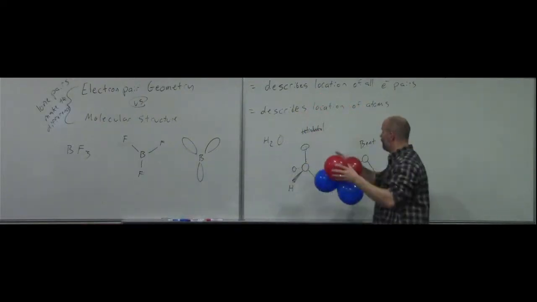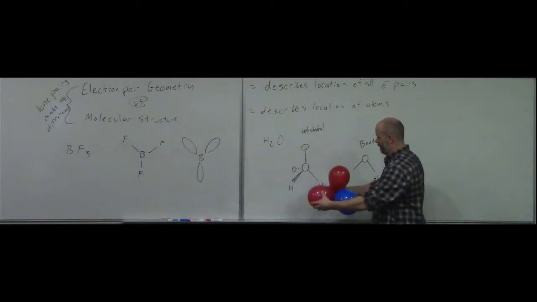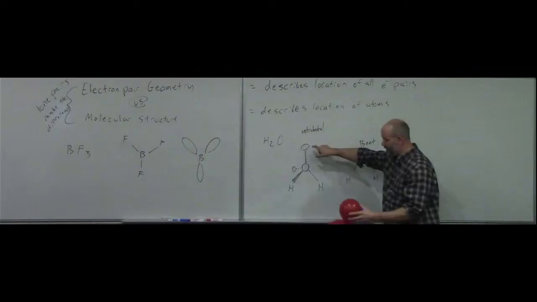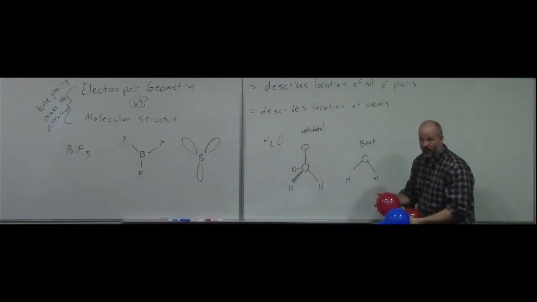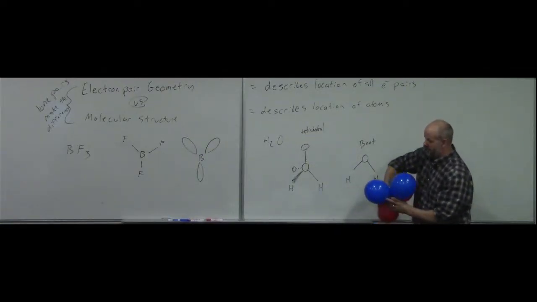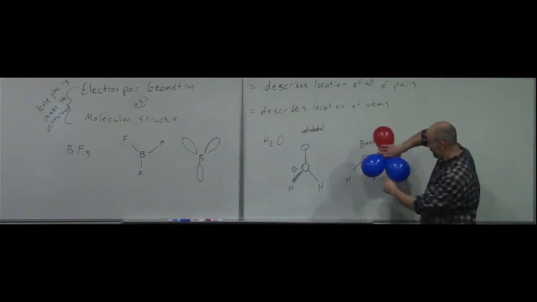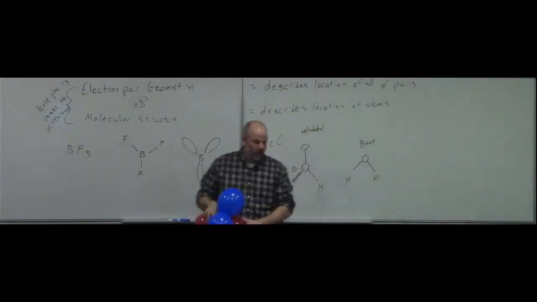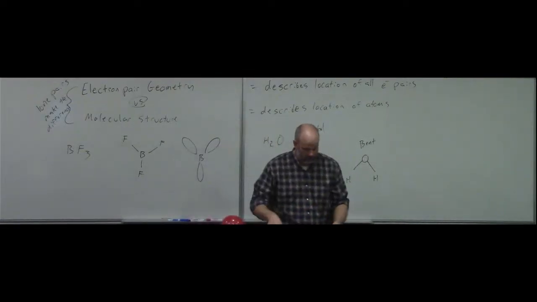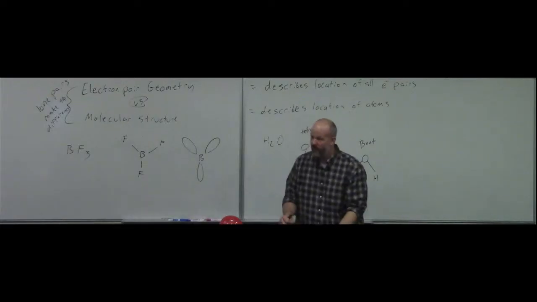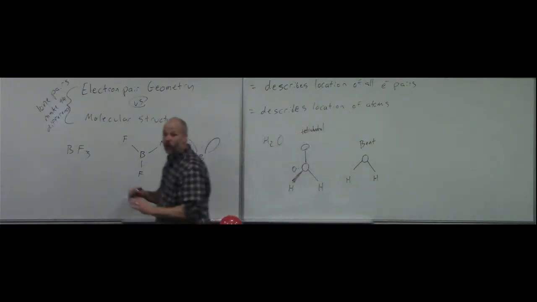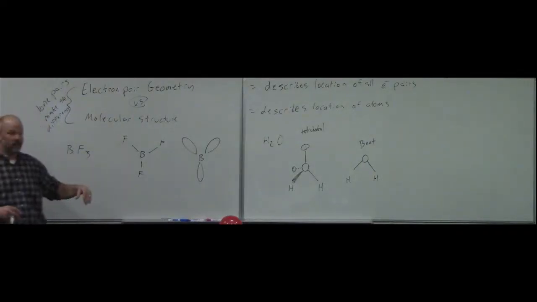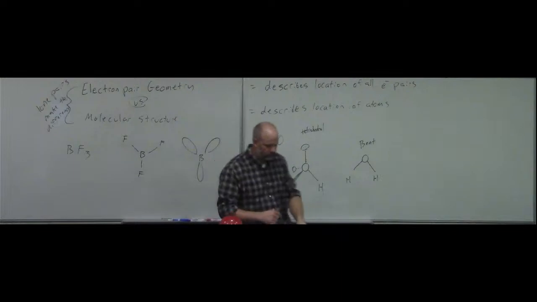For this one, I consider everything. But for this one, I can't consider these. I'm not going to pop them, but you get the idea. I just have to pretend they're not there, and then all I've got is this. They influence each other, but they're not the same. They are the same if I have no lone pairs, but as soon as I get a lone pair of electrons in there, the two become different.